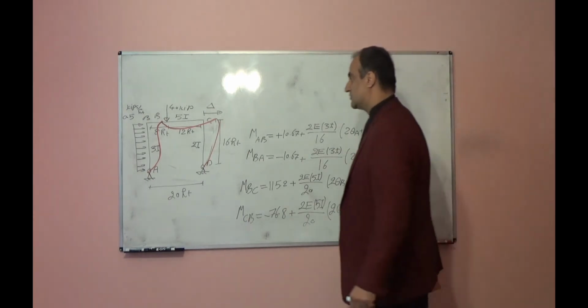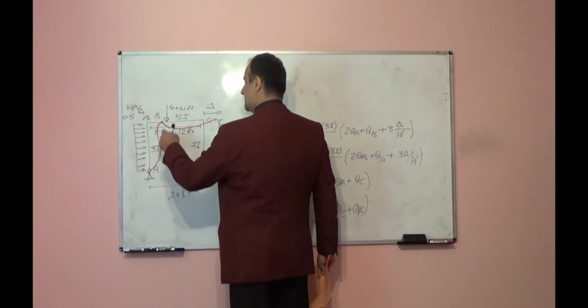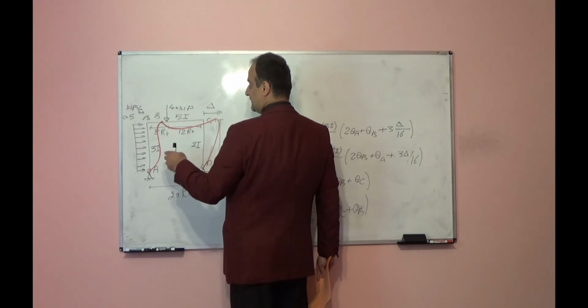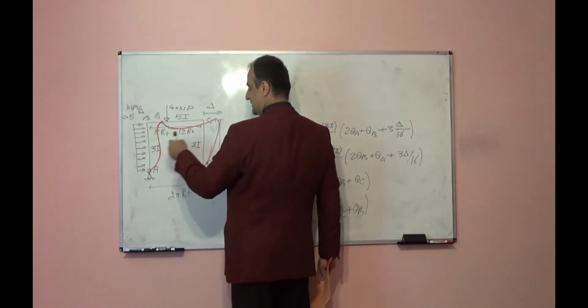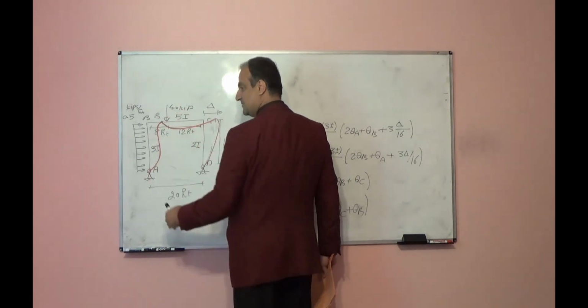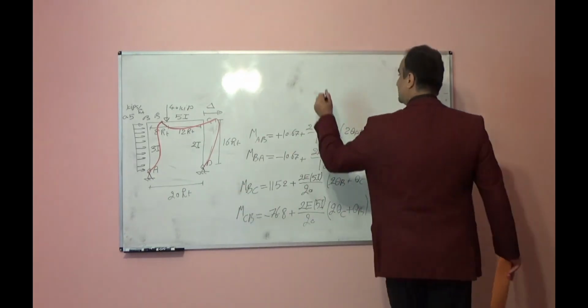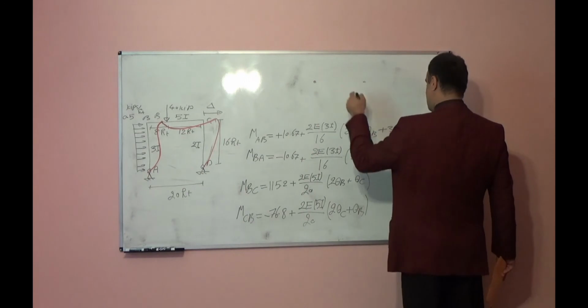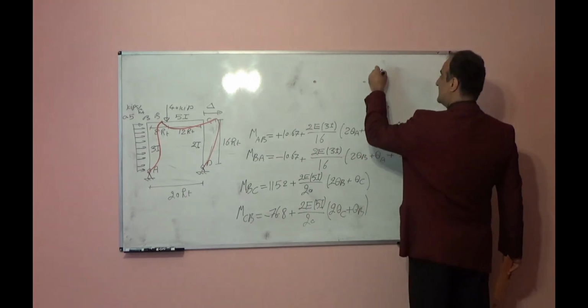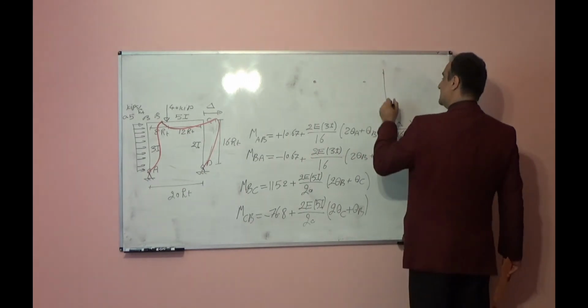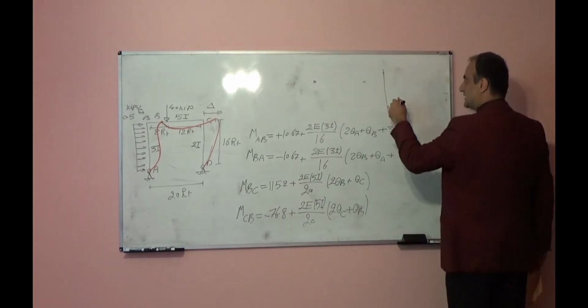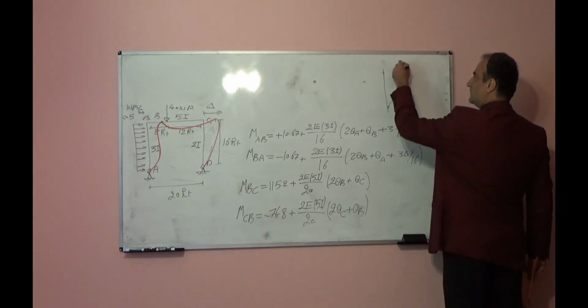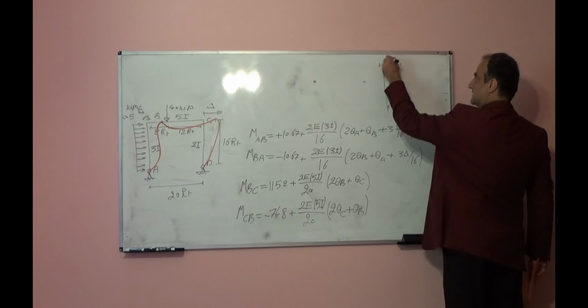So I wrote M AB, M BA, M BC, M CB. For AB and BA, A and B will not remain at the same elevation. BC, after deformation, is at the same elevation, but A and B will not be in the same line. For example, B will move in the lateral direction, delta.